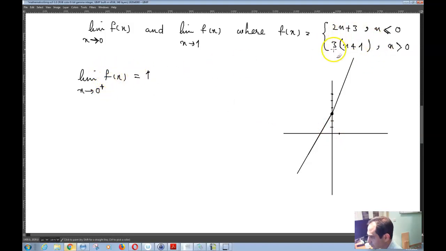Let's suppose that the function is f of x equal to 3x plus 3. Now f of 0 here is going to be 3 actually, not 1 but 3. It's going to be 3.